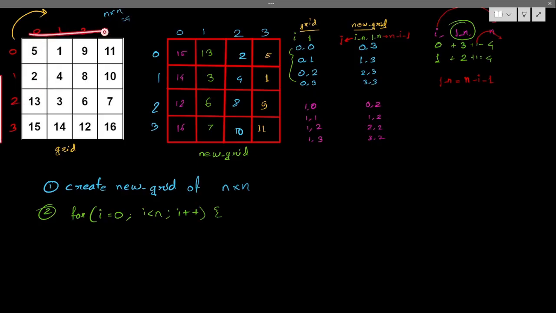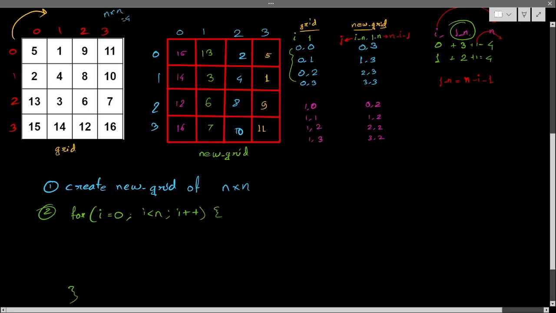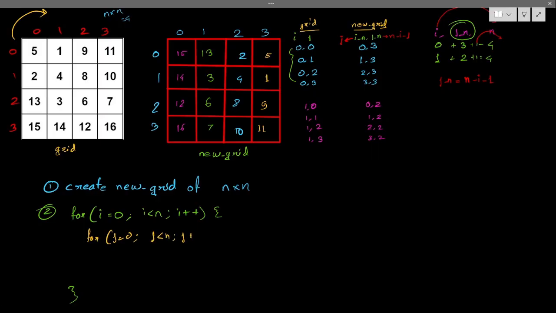Now I have to iterate every column, so that I also have to do. So for another index j equals 0, j less than n, and j plus plus. This is what I'm doing.